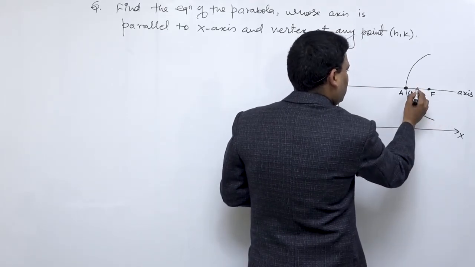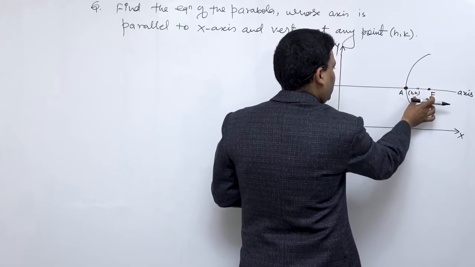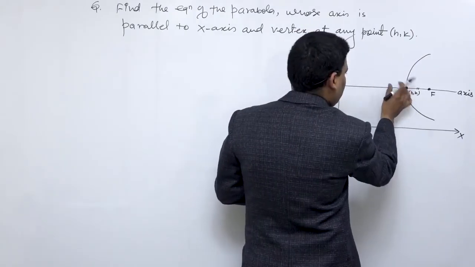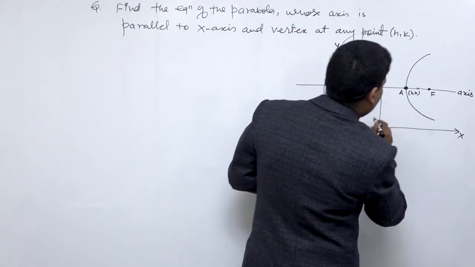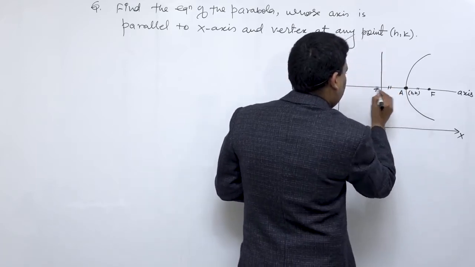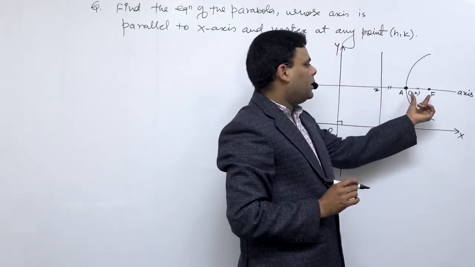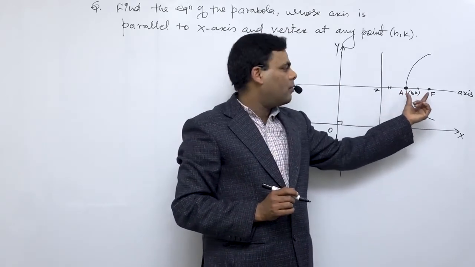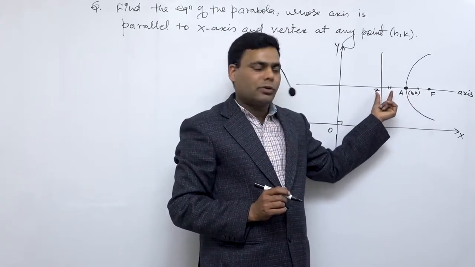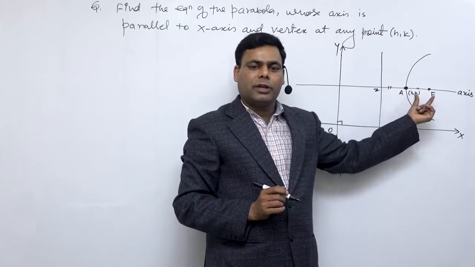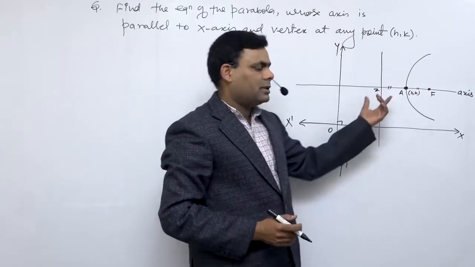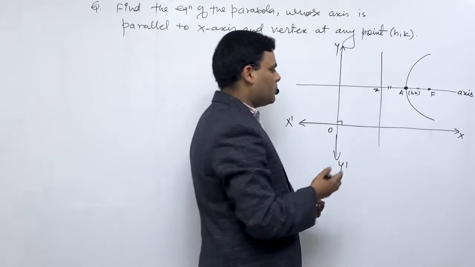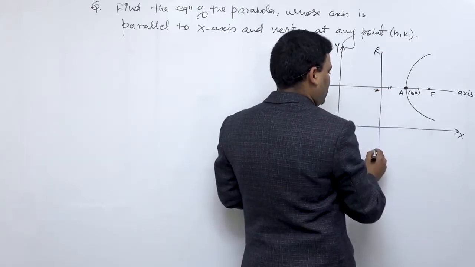We have to take this distance AF, the same distance AZ, the distance AZ equals AF, because every point lying on the curve is always equidistant from focus and directrix. So we take ZA equals AF equals some distance, let us suppose a, the standard supposition, and RT be the directrix.